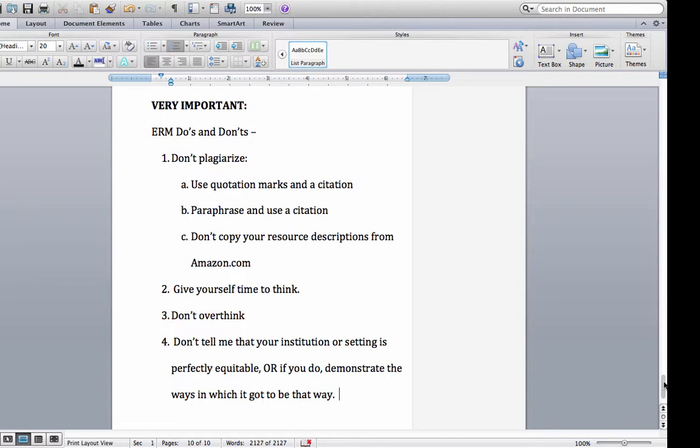Because that takes a lot of work and intentionality. And so that would be an interesting story if you think you work at just a really special place, or your entire environment is this really special place that's perfectly equitable. If that's your story, then go with it, and in each of these chapters, tell how they got to be that special. Tell how they accomplished that. All right, I hope this helps.